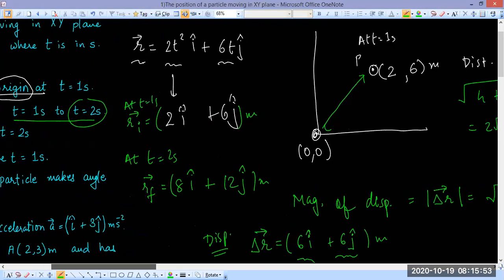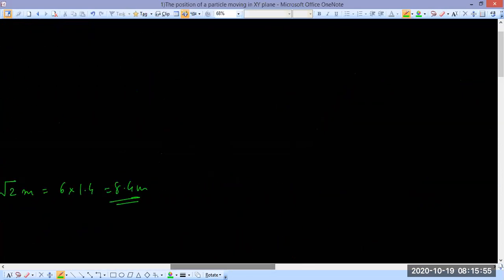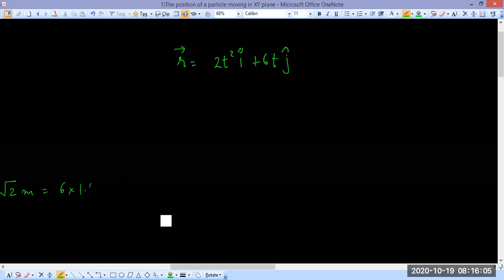Right. Let's do it now. What we are given is that r vector is equal to 2t square i caret plus 6t j caret. Often in physics you have to think backwards, so the last step is speed. Speed is v. V is nothing but the magnitude of velocity, correct?